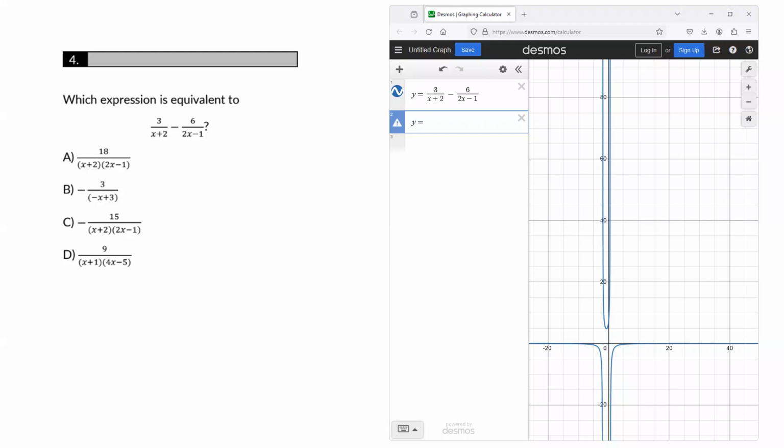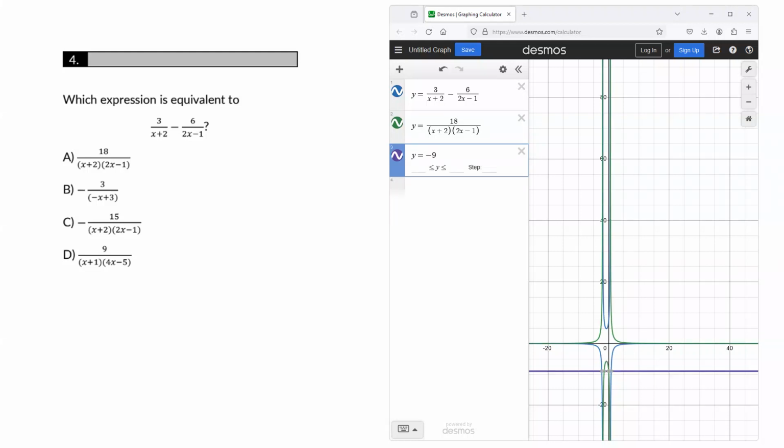So again, they're all going to start with y equals, and we have 18 over x plus 2 and 2x minus 1. And I have y equals -3 over negative x plus 3.